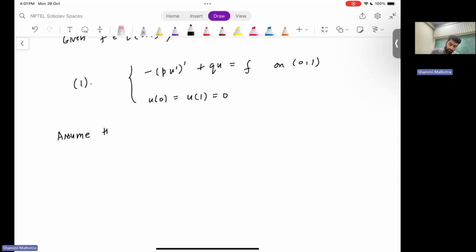Assume that f is greater than or equal to 0 almost everywhere on (0,1), and f is not identically equal to 0.